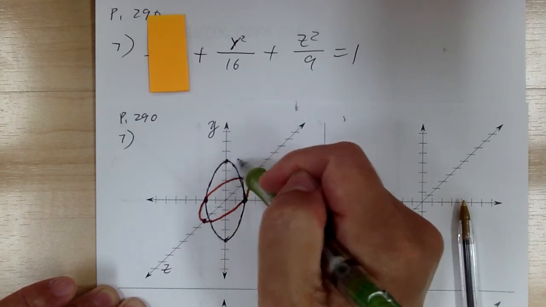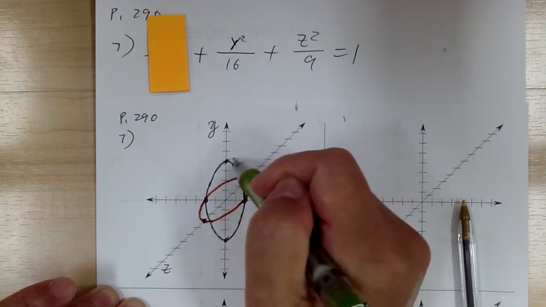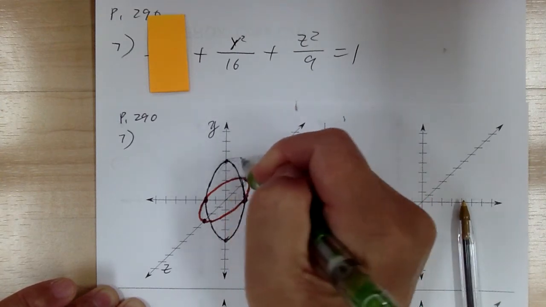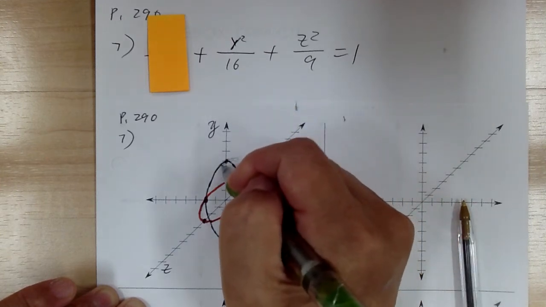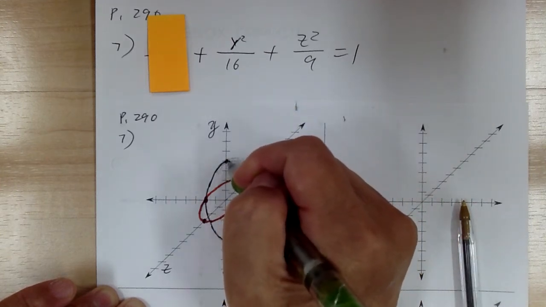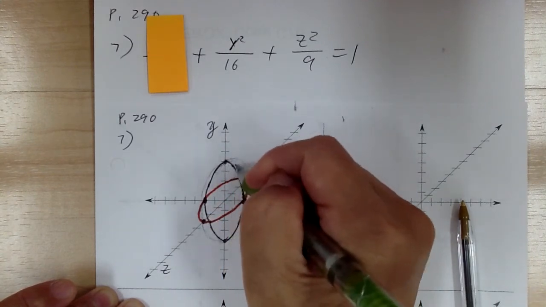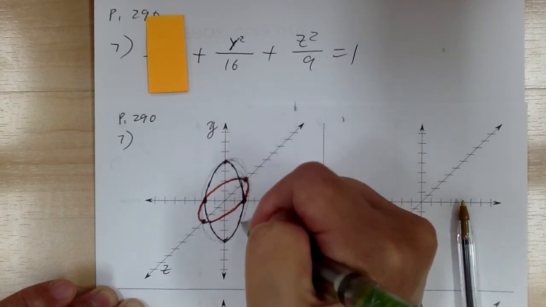Your graph's going to look like this. Three-dimensional is harder to visualize.